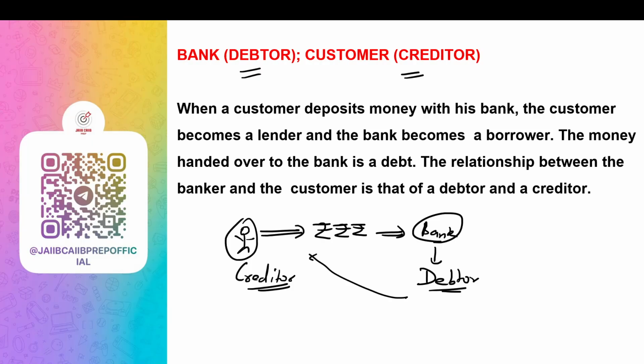Now there are some key features: the bank can use your money as it sees fit, and the bank will not automatically return your money. You have to demand it, and the bank will not provide you any kind of collateral or security. So you cannot ask the bank to mortgage their building to provide you security or give you some kind of bonds.